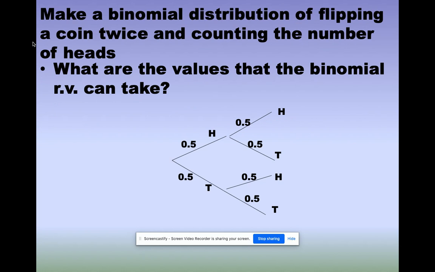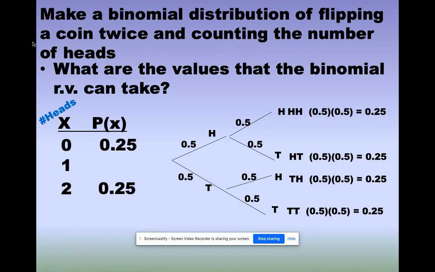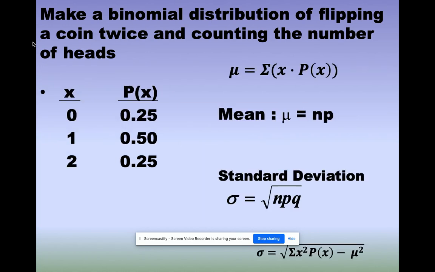We can make a probability distribution by drawing a tree diagram and then following the outcomes and the branches to come up with the probabilities, our p of x values, or we can make use of our formula, and we'll see that in a minute.